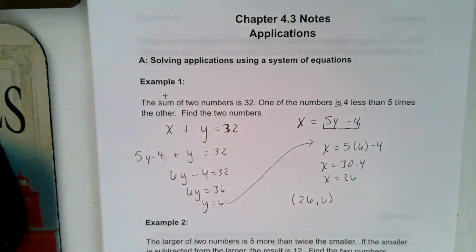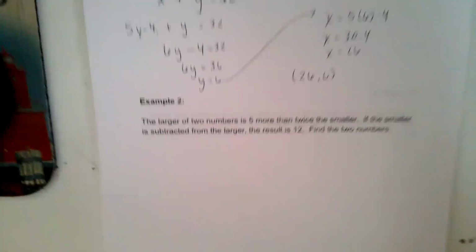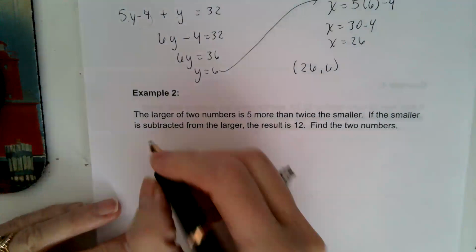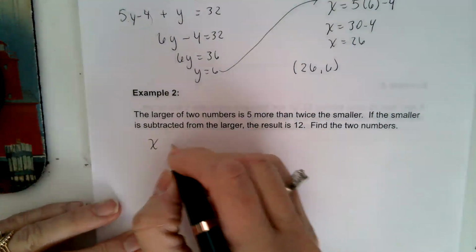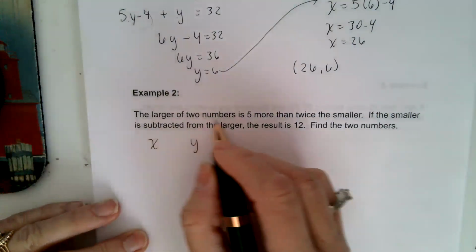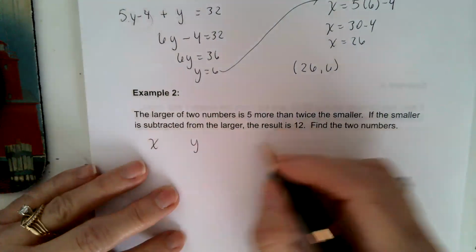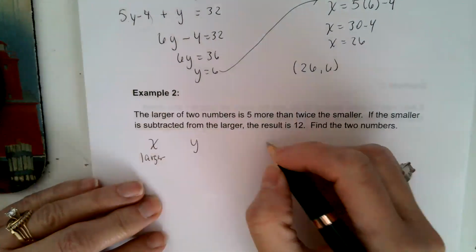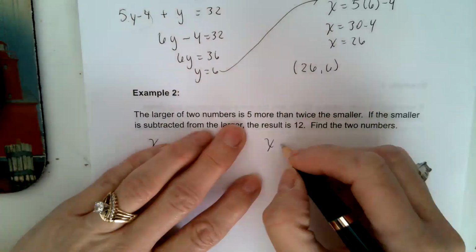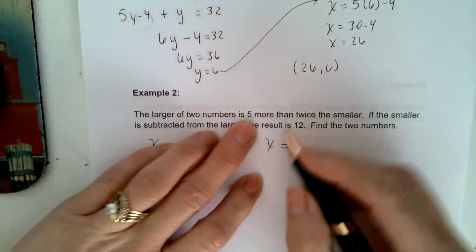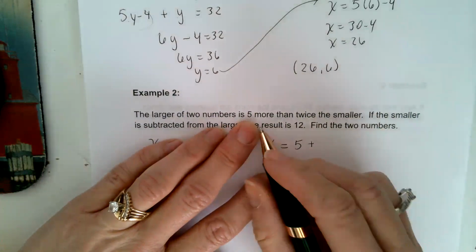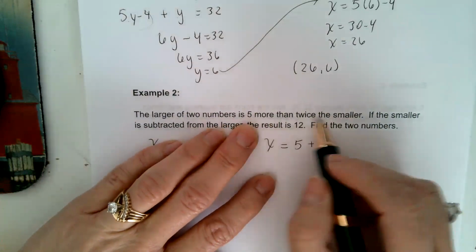Okay. The larger of two numbers is 5 more than twice the smaller. So it sounds like I have two numbers, X and Y. It says the larger of the two, so I'm going to say X is the larger. So the larger of the two equals 5 more than twice the smaller.